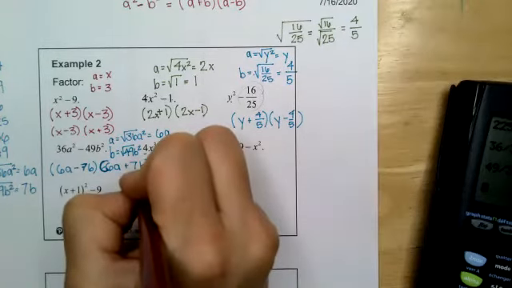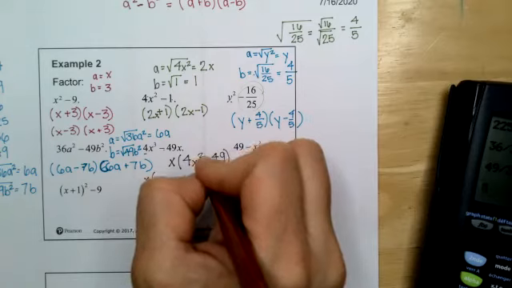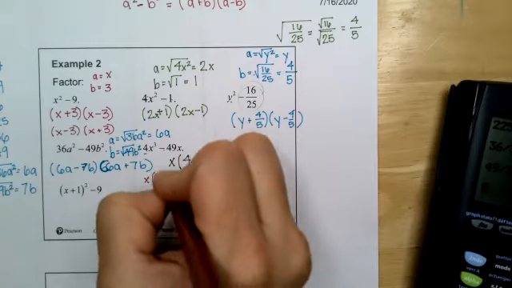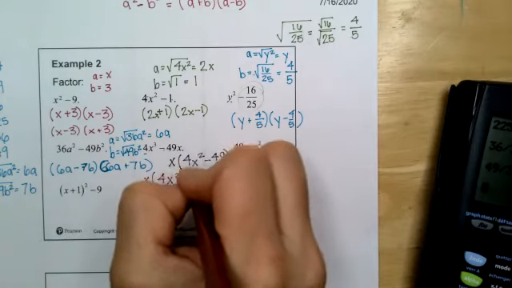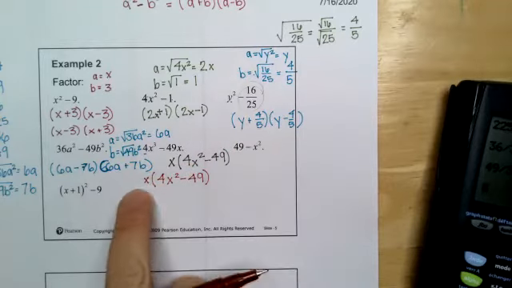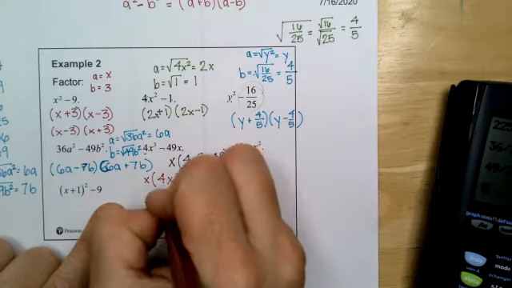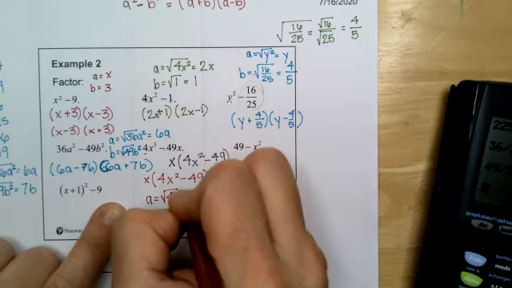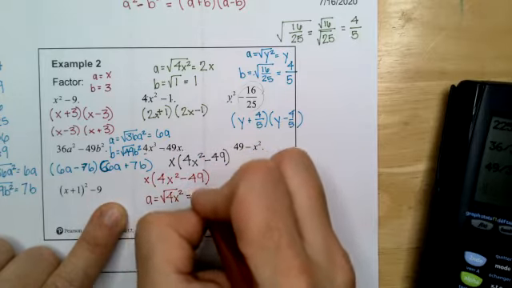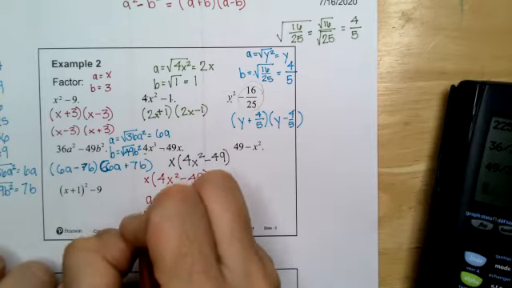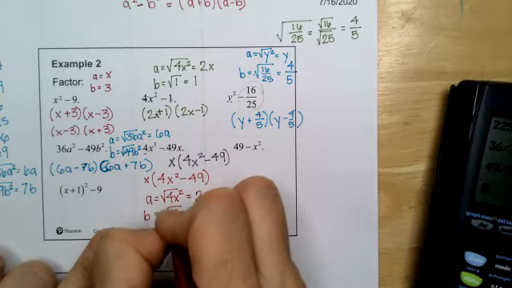Now we have x on the outside, and 4x squared minus 49. A is the square root of 4x squared. The square root of 4 is 2. The square root of x squared is x. B is the square root of 49.